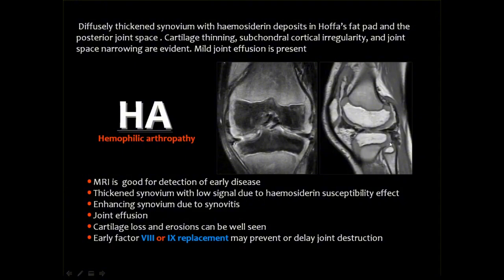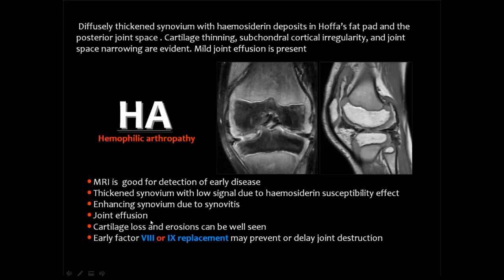But the hemosiderin deposited in the joint in a patient with hemophilia will not enhance. And also you can consider other radiological manifestations of hemophilia and the clinical picture as well.